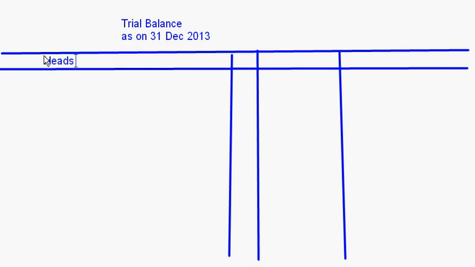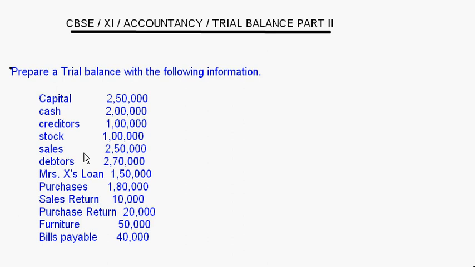This is heads of account, ledger folio, debit balance, and this is credit balance, right? Okay. Now one by one we will take up these and we have to put them in the trial balance.